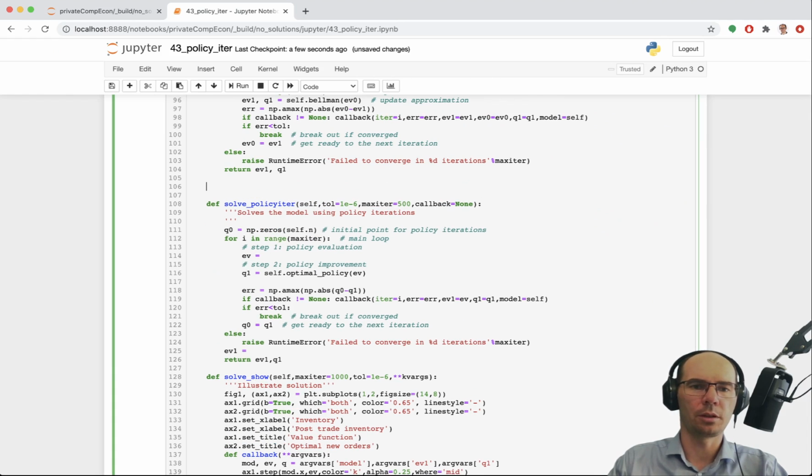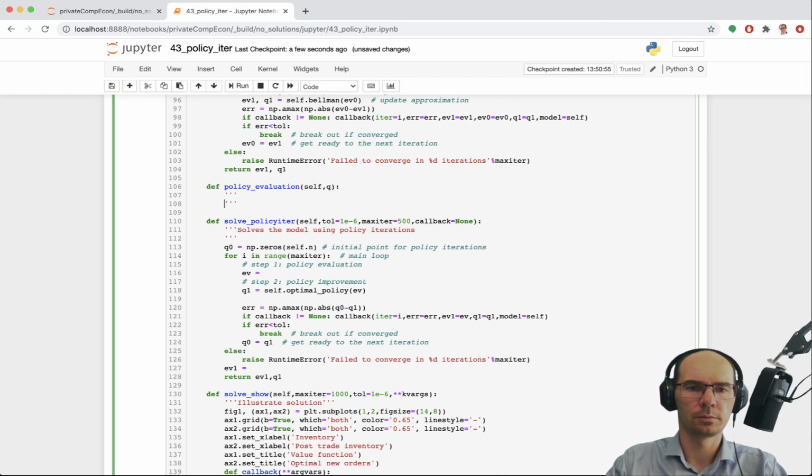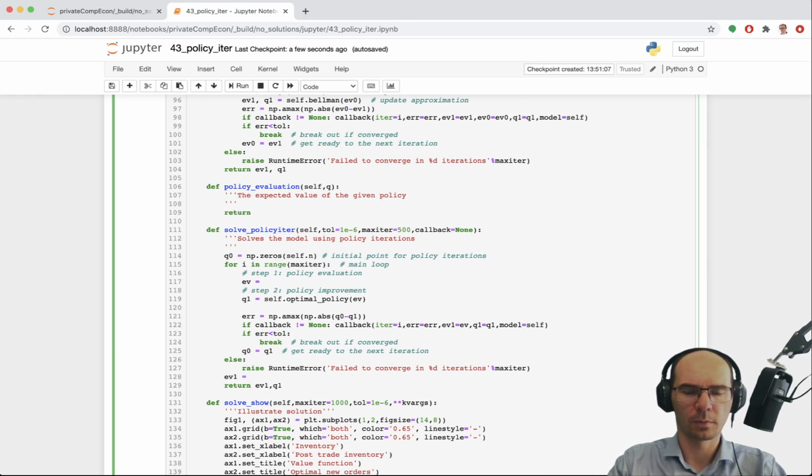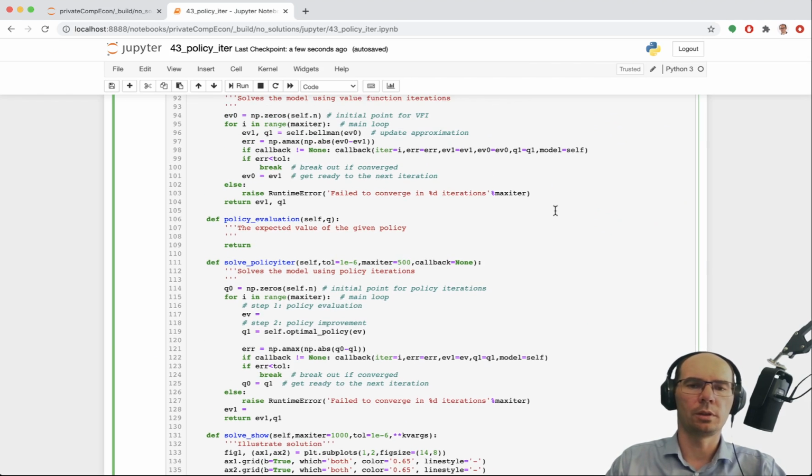Okay, so we need to write another function, which is policy valuation, and we need the policy here. The expected value of the given policy. And does it calculate a number?